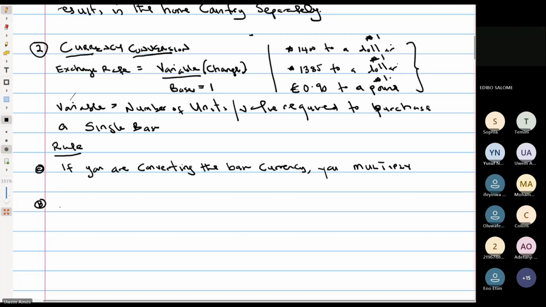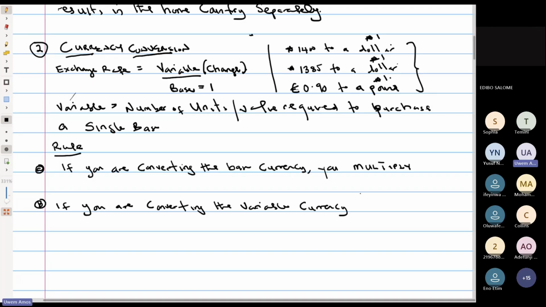B, if you are converting the variable currency, you divide.